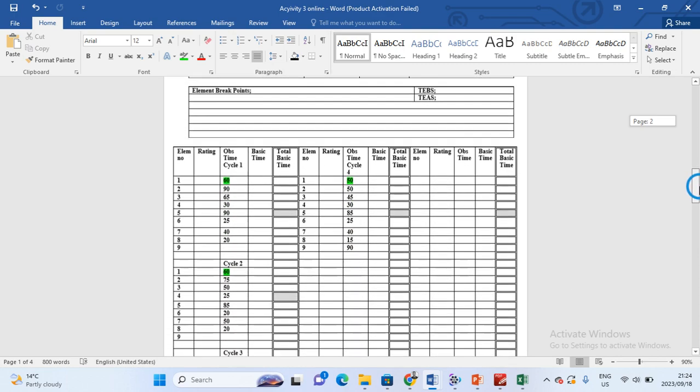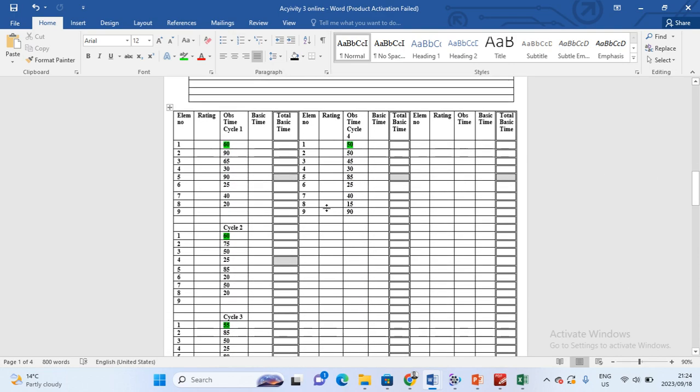Now, how do we get our rating? To get the rating of our first element in all of our cycle, we find the average of our first element in the observed time. What do I mean? You take 60 plus 60 plus 55 plus 50.